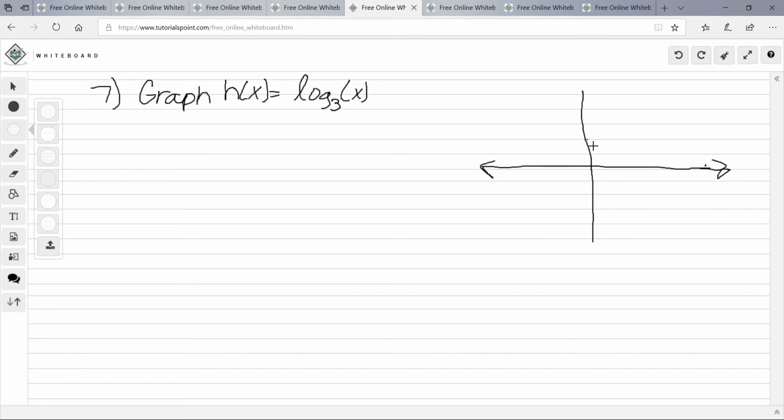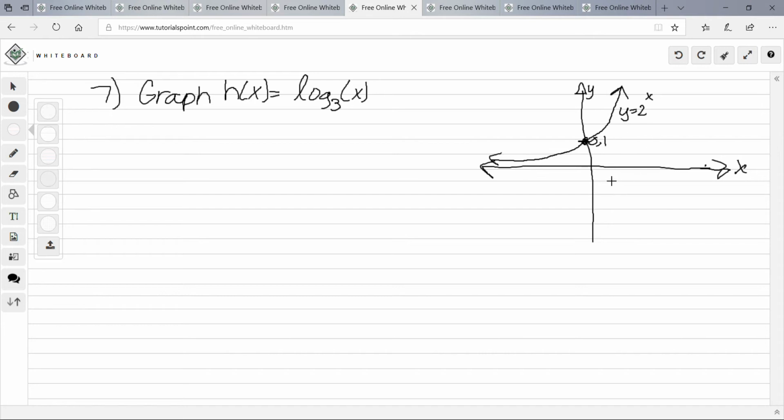Remember, (0, 1) was our y-intercept for the exponential function. This could be y equals 2 to the x, your typical exponential graph, with a y-intercept of (0, 1).